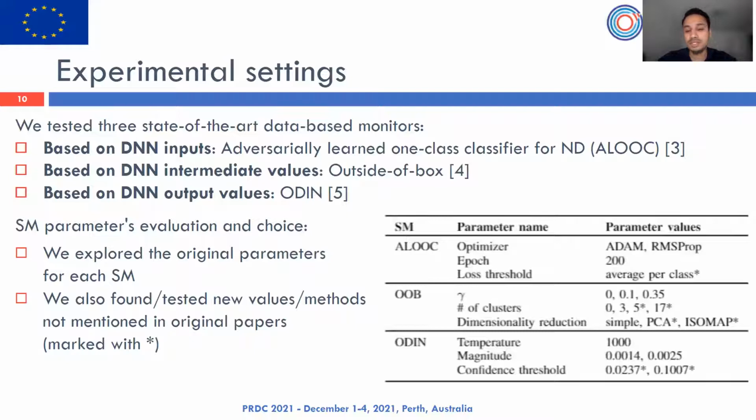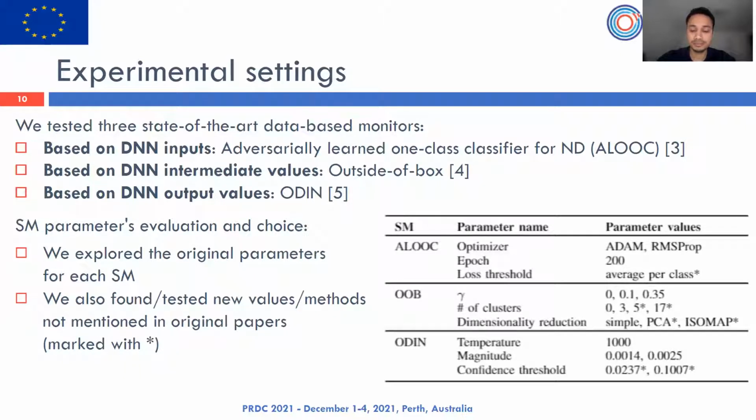So here I put just one table regarding the parameters that we used in the 3 methods that we tested as a safety monitor. The first method that we applied for safety monitoring is a method based on observing the DNN inputs, the images.